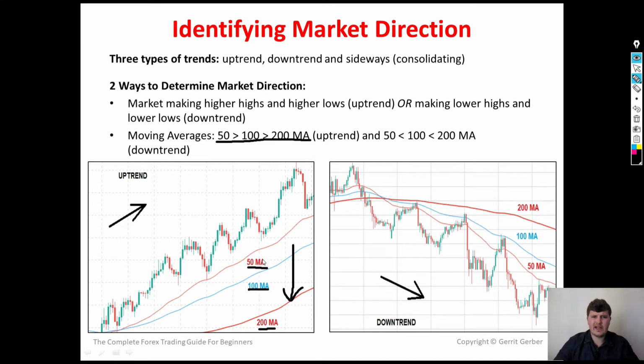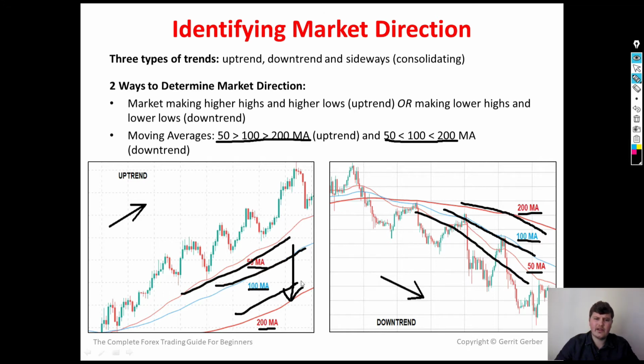So that's a clear uptrend. And for downtrends, the 50 is the lowest, then the 100 is higher, and the 200 is the highest. As you can see, all of these moving averages are just going lower and lower, and for uptrends they are just going higher and higher.